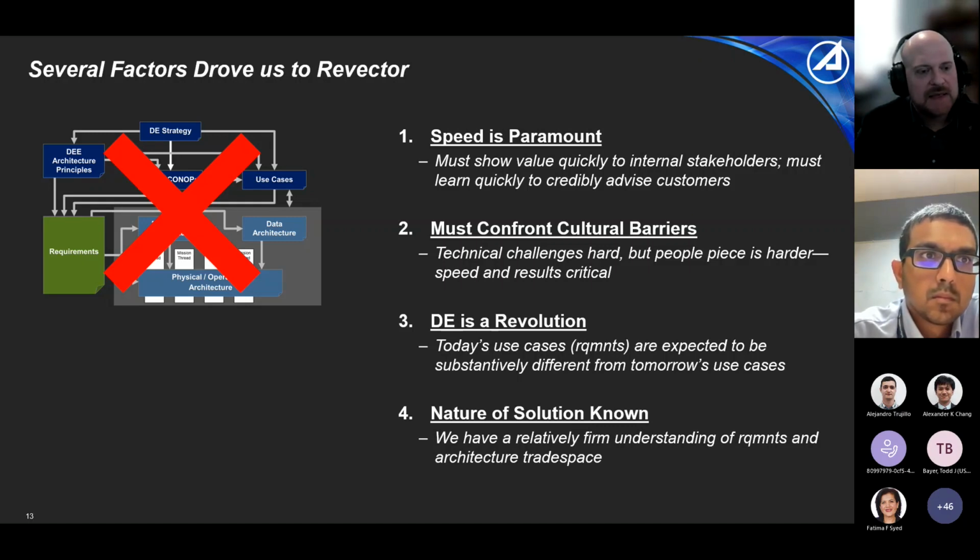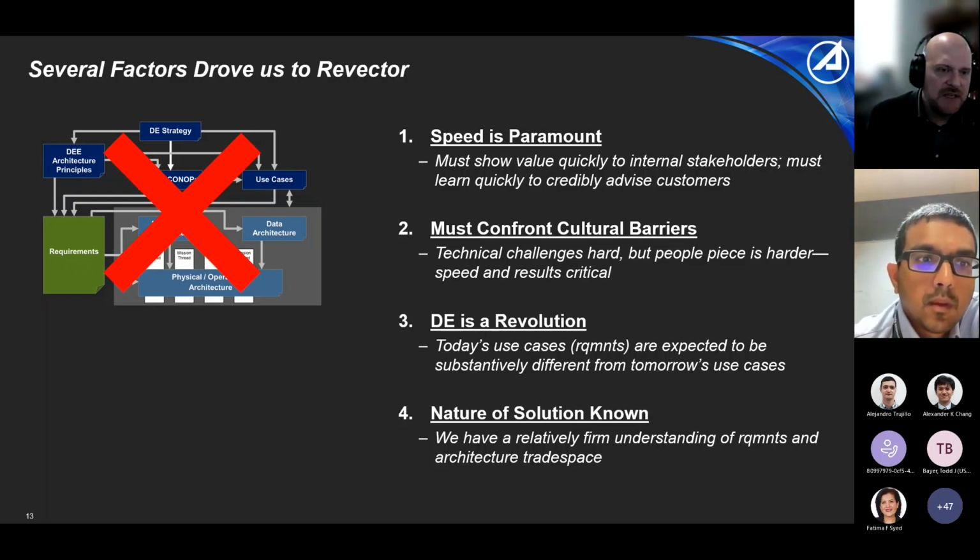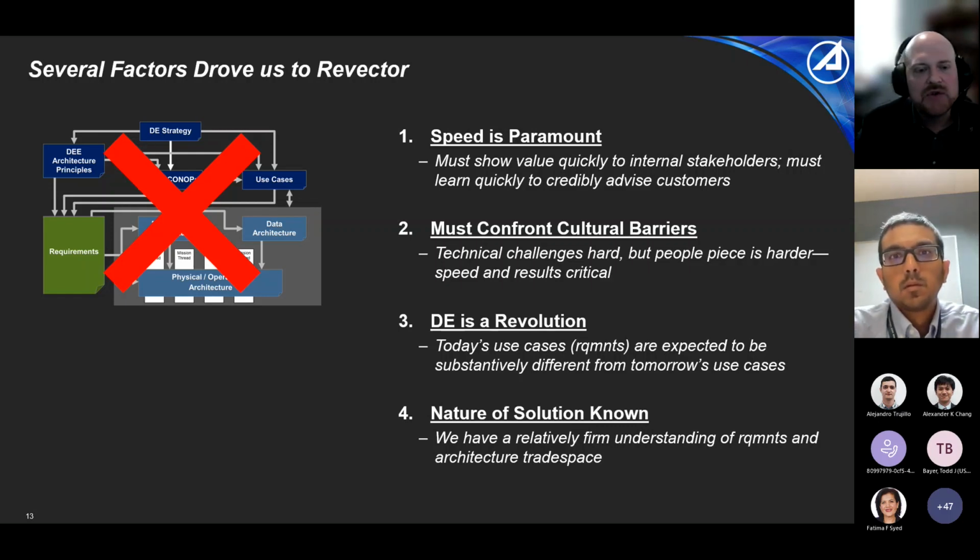And number 3 is asserting that digital engineering isn't just another natural evolution of what's happening in technology, like the change from systems engineering to model-based systems engineering. It's much different than that. This is fundamentally changing how we're doing capability development, how we're performing technical support to the customer.